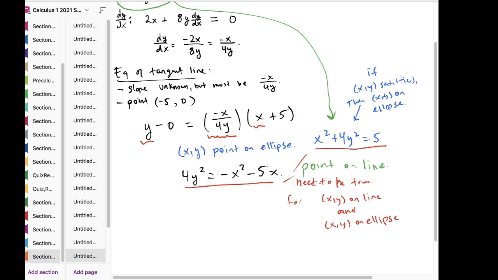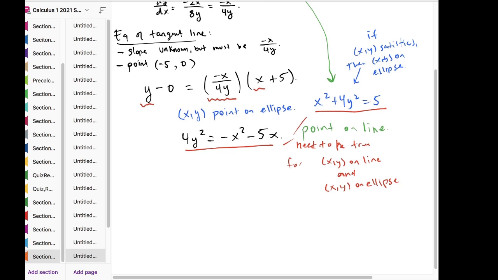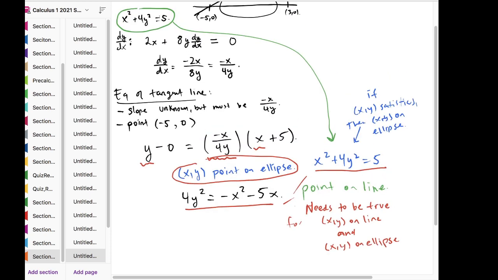A couple approaches at this step. Again, what am I solving for?